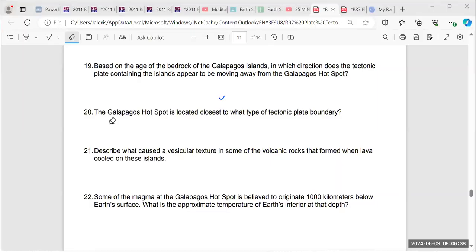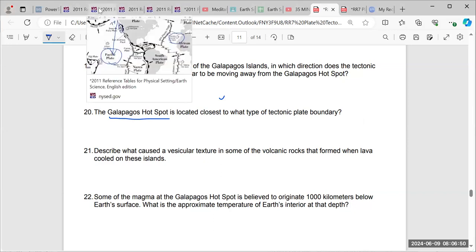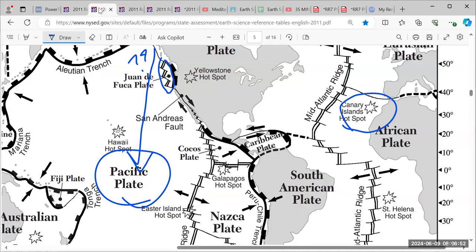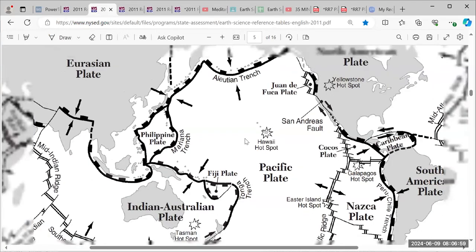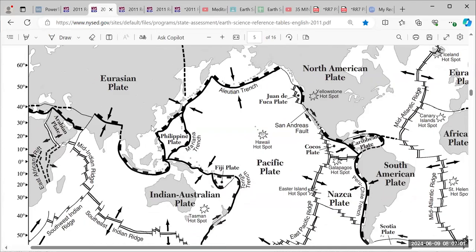Number 20, it says the Galapagos hotspot is located closest to what type of plate boundary? All right. Well, I'm going to find the Galapagos hotspot on page 5 of the reference tables. So let me refresh this, and let me find the Galapagos hotspot. All right. And so the Galapagos hotspot is located right here.